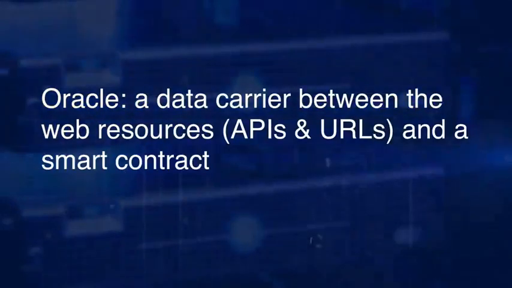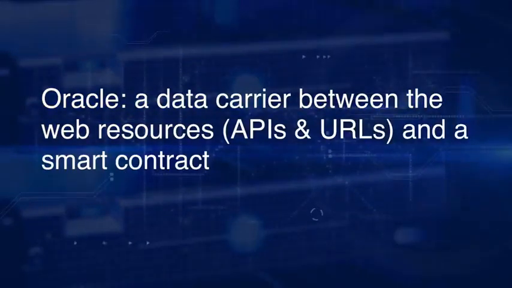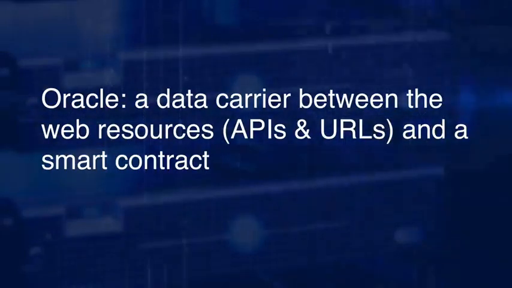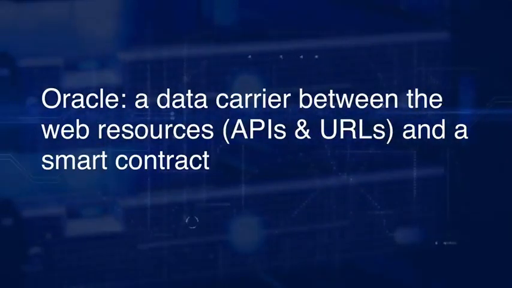Oraclize is described as a data carrier between the web resources, APIs, and URLs, and the smart contract. Of course, Oraclize is outside the blockchain protocol. However, it is a useful component of DApps that facilitates the availability of real-world facts needed for the functioning of certain smart contracts.